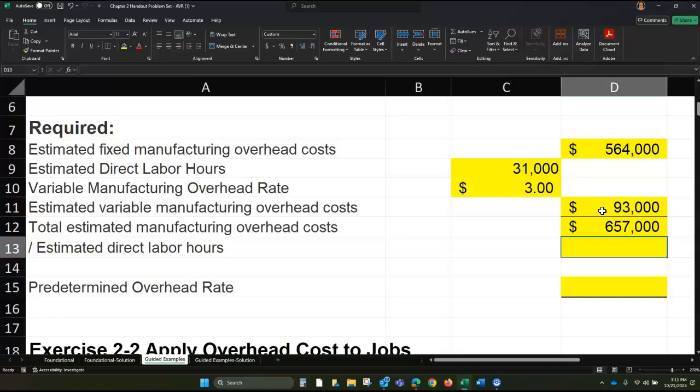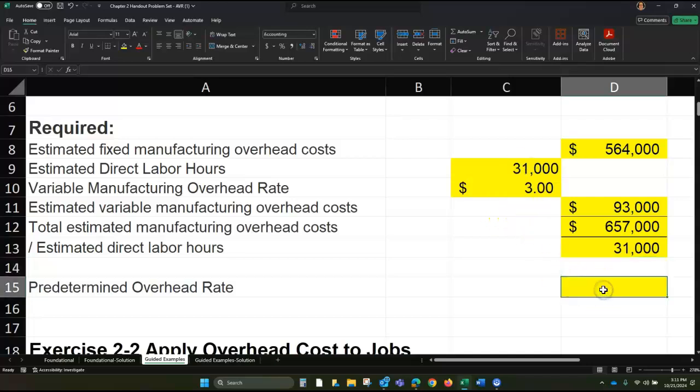Then, again, how much was the estimated direct labor hours? It was the 31,000. So don't mess that one up, right? We're still not to actual yet. We're looking at estimates, okay?